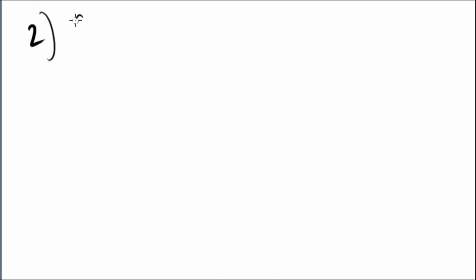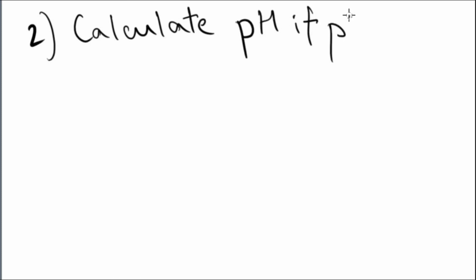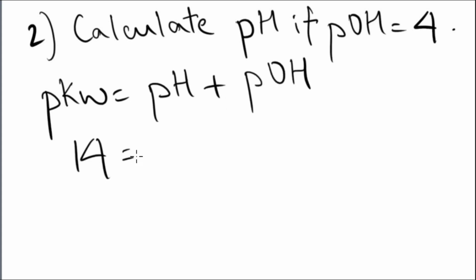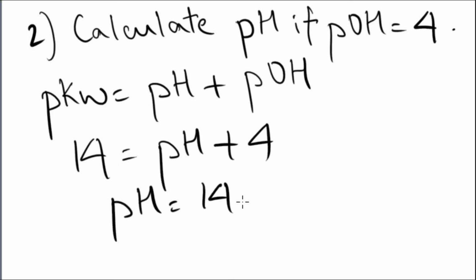You can also be asked a question, for example, find pH if pOH is 4. So we know that pKw is equal to pH plus pOH. pKw is 14, pH we need to find out, and pOH is 4. So doing algebra, you're going to find that pH is going to be 14 minus 4, which is 10.